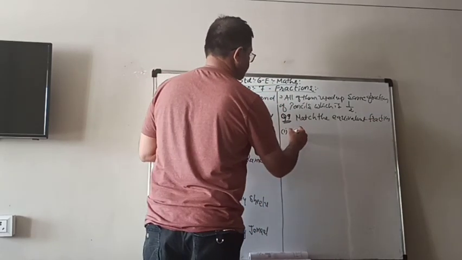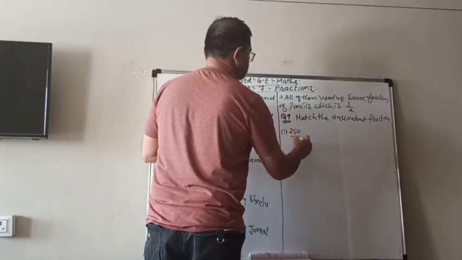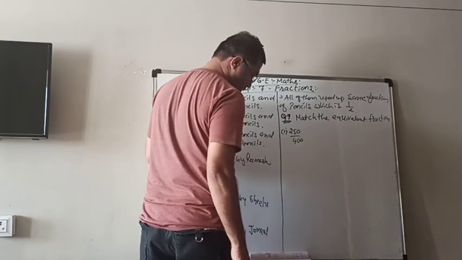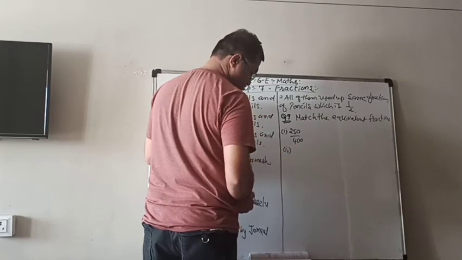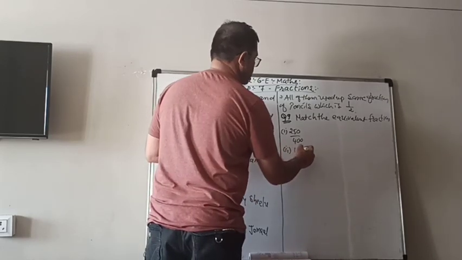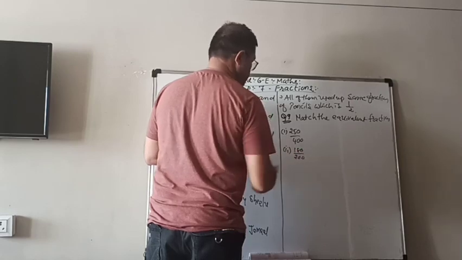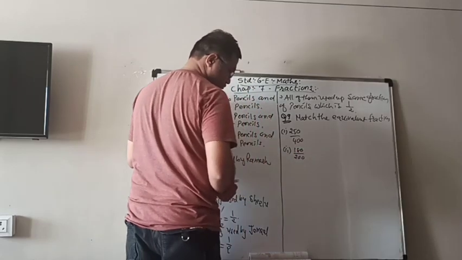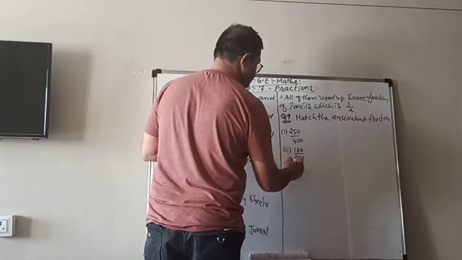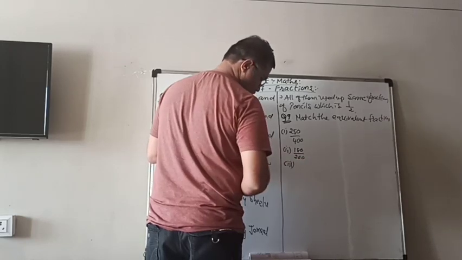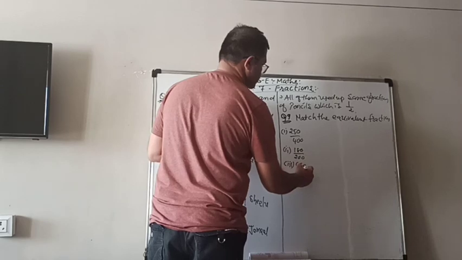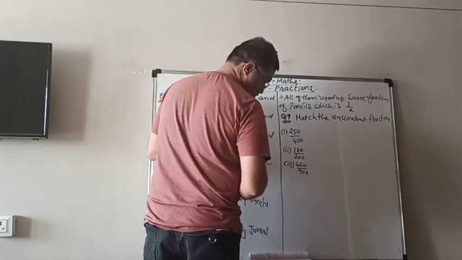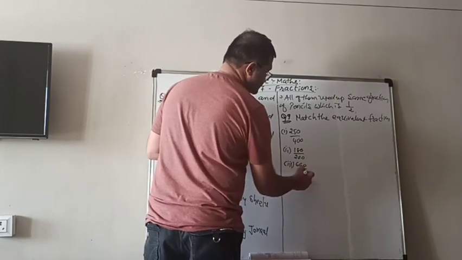First is 250 upon 400. First let me write down the question. Second is 180 upon 200. Third is 660 upon 990.